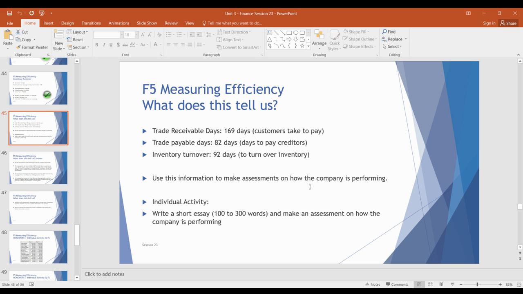Now, this is a not one size fits all approach, because what you may need to do, and you will do, is set yourself a credit term for all of these and what you want it to achieve. So, for example, if you set your business trade receivables at 170 days, 180 days, what does 169 actually mean?